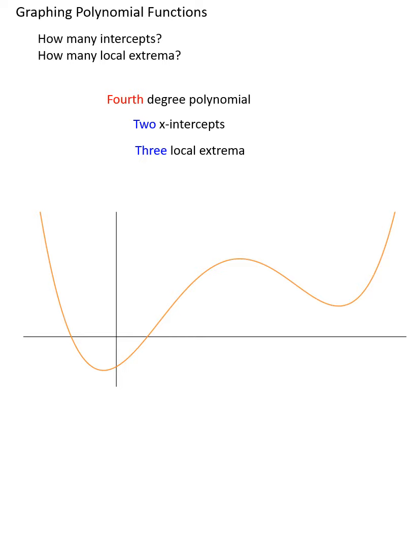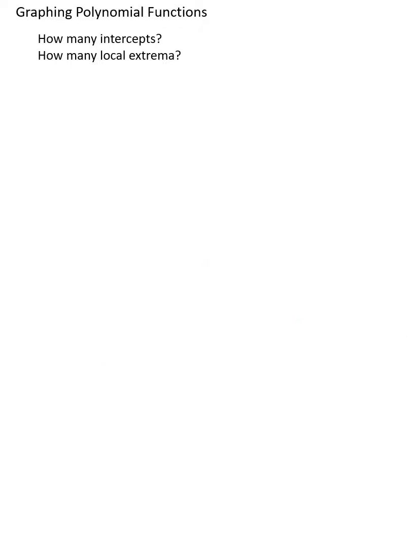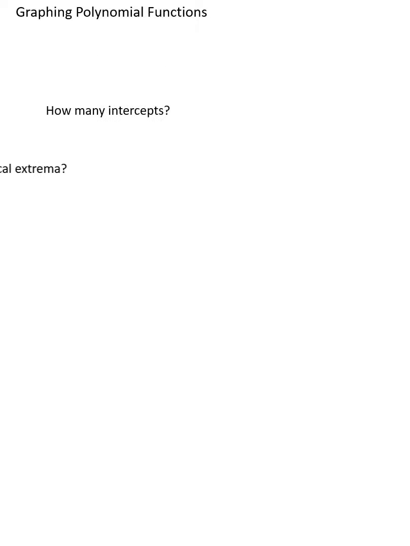However, mathematicians have proved that there is one thing that we can count on, when it comes to these two questions. Let's consider what we call an nth degree polynomial, which really just means let the number n represent the degree of the polynomial.